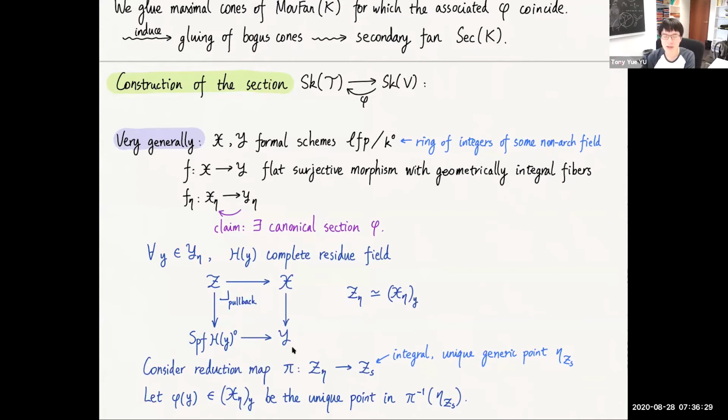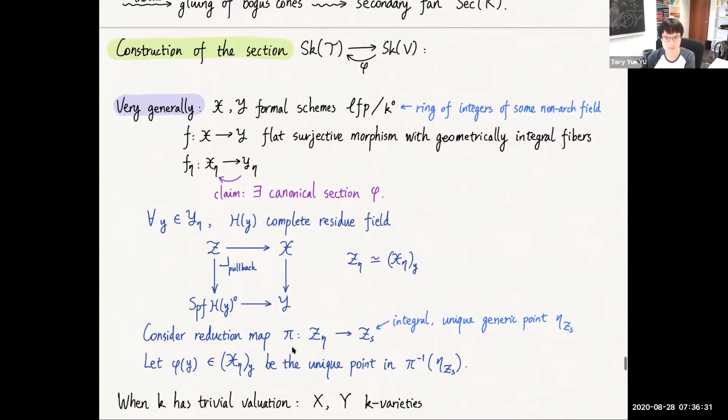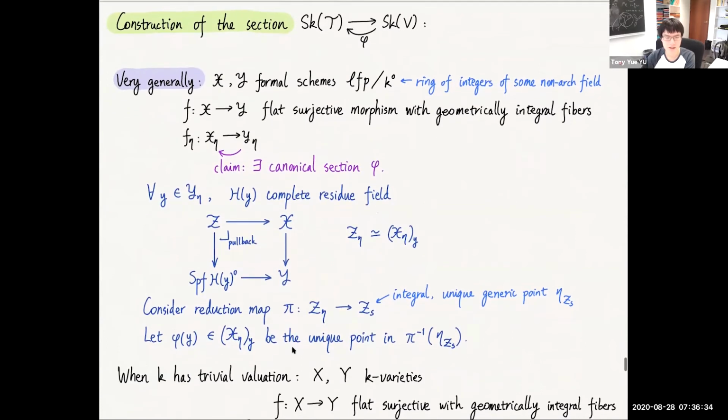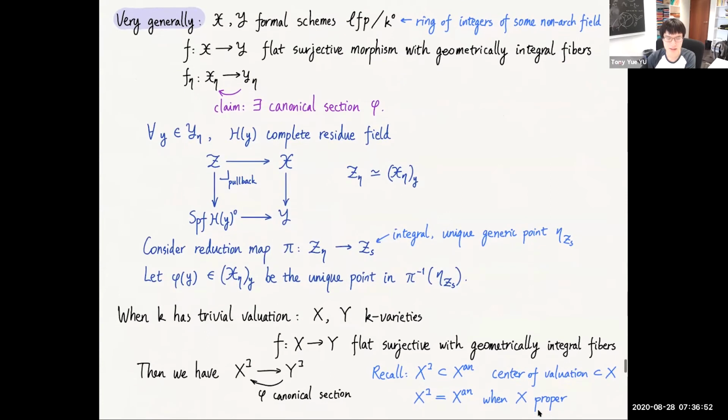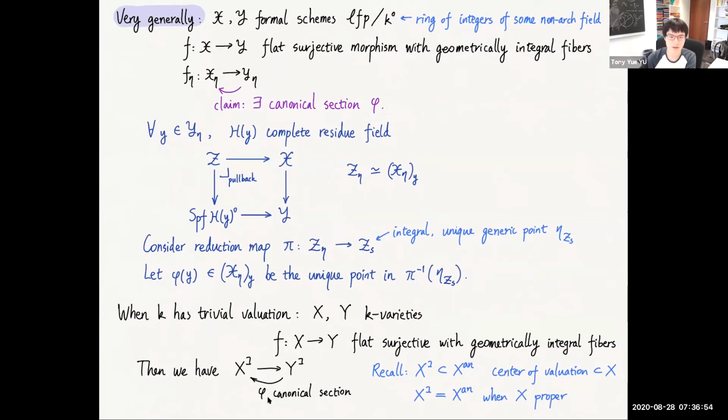So now let's apply it to the special case where K has a trivial valuation. So we consider X, Y, K-varieties, and F from X to Y a flat surjective map with geometrically integral fibers. Then, in this general situation, we considered the generic fiber.